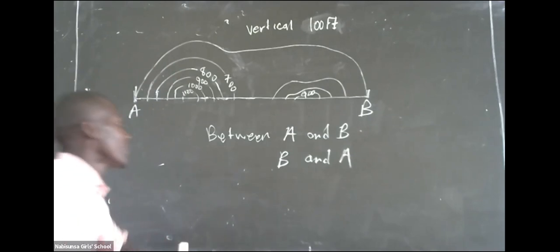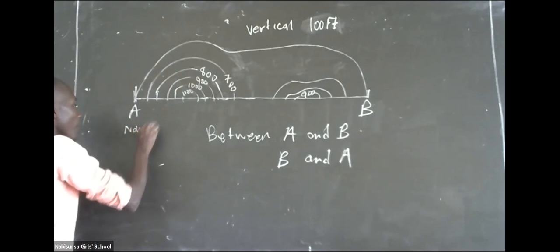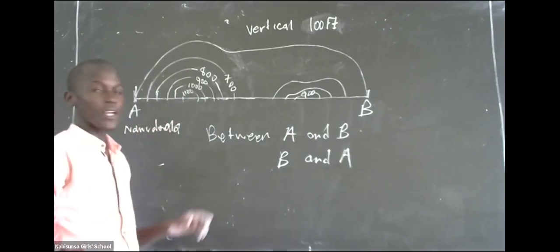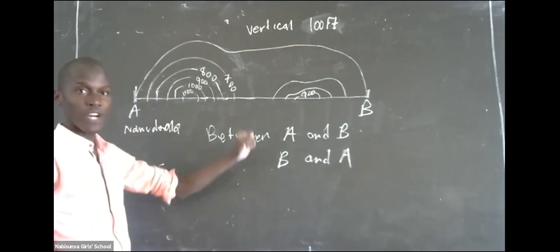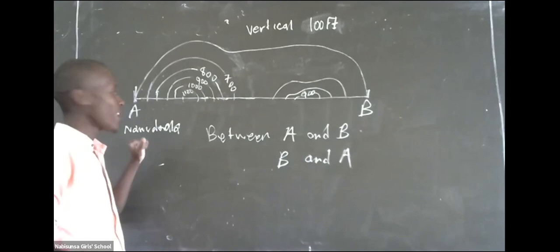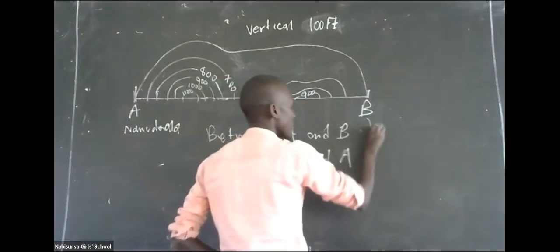Namudaala's home. Namudaala's home is going to be on your left, because in the English way, we start from left to right. So the point mentioned first is on the left, and the one mentioned last is on the right. So here I say Jordana's home.